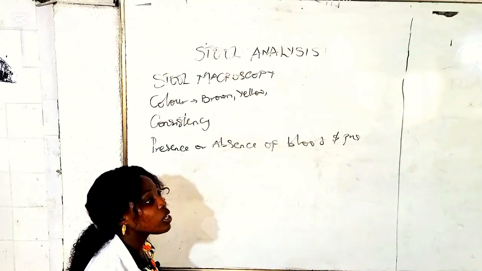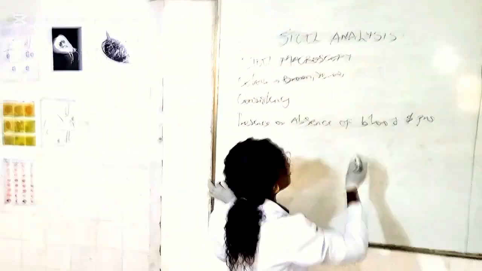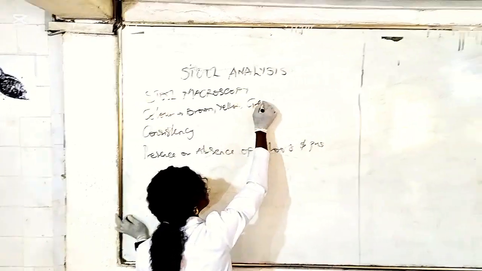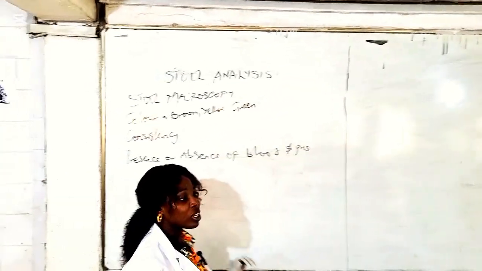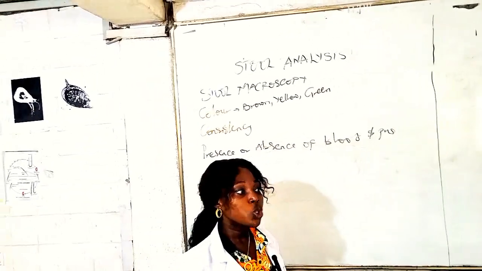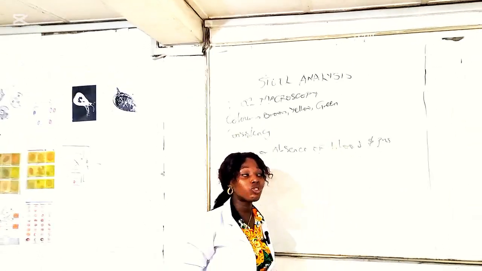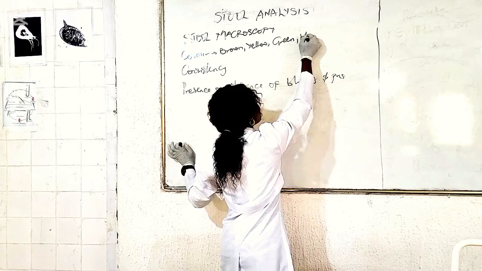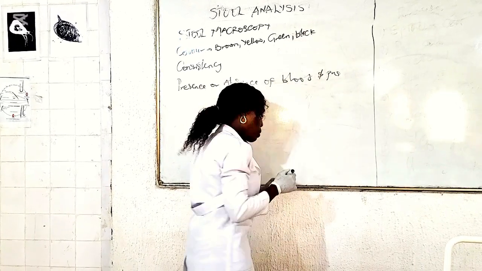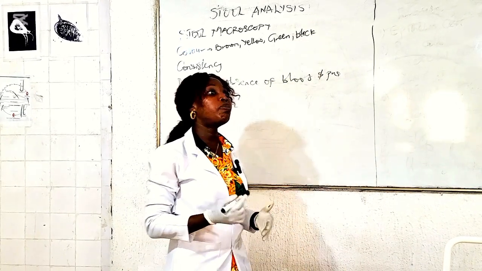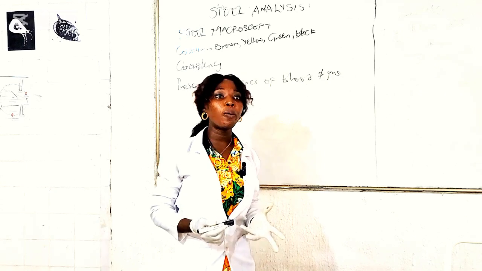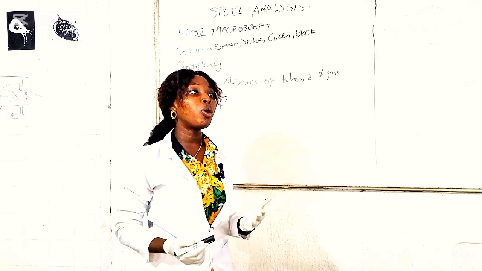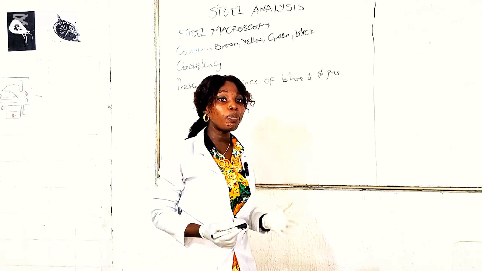Your stool can be green, especially when there's presence of bile. The presence of bile in the stool makes the stool greenish. The stool can be black, indicating the presence of iron. Maybe you took a lot of blood tabs, these drugs that help to boost your blood level.